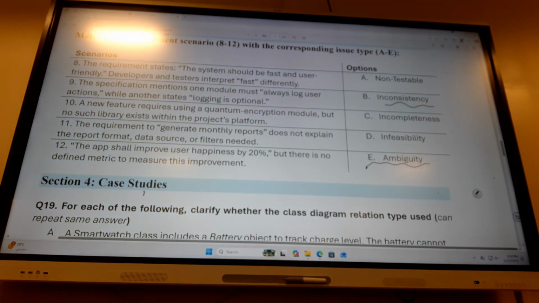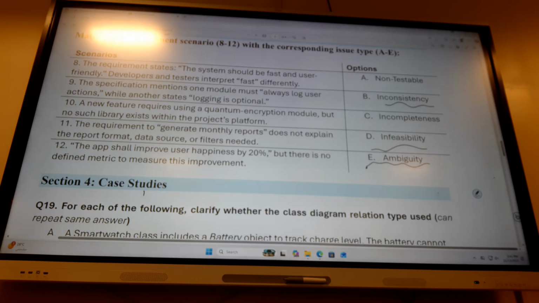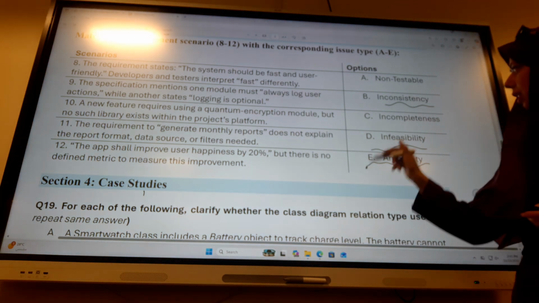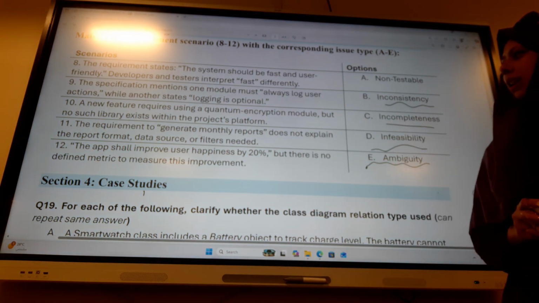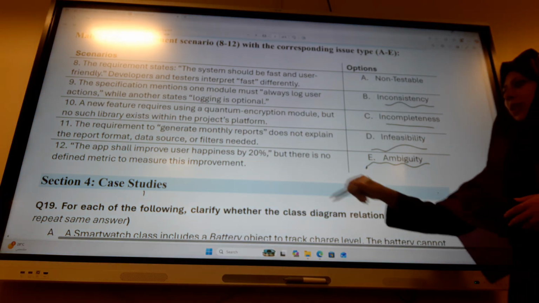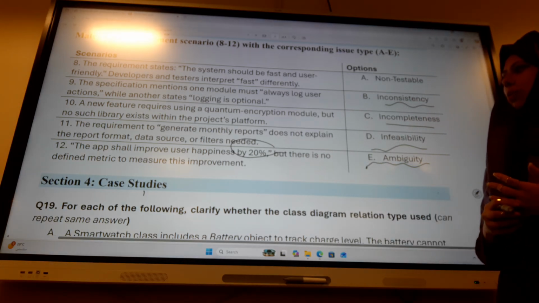A new feature requires using a quantum encryption module, but no such library exists within the project platform. Infeasibility. Now the requirement to generate a monthly report doesn't explain the report format, data source, or filters needed. Incompleteness. The application shall improve user happiness by 20%, but there are no defined metrics to measure this improvement.